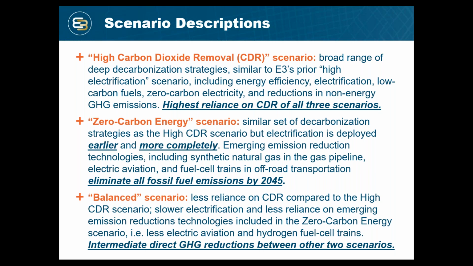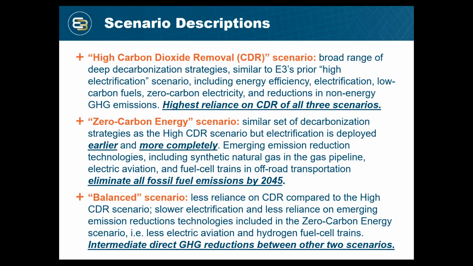Basically, we're throwing everything at this scenario that we can think of in order to eliminate fossil fuel emissions by 2045. So the only remaining emissions in that scenario are coming from non-combustion sources, which we'll talk about in a little bit more detail in the next slide.